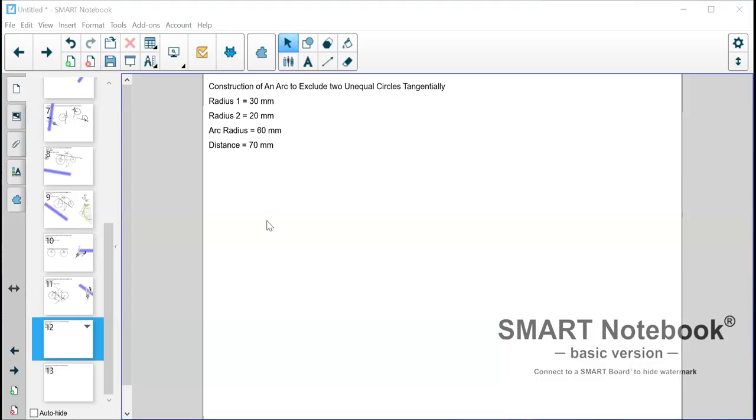Hello students, in this video I will take you through the steps in how to construct an arc that will exclude two unequal circles tangentially. Now what that means is that we will have an arc that will touch two unequal circles tangentially.